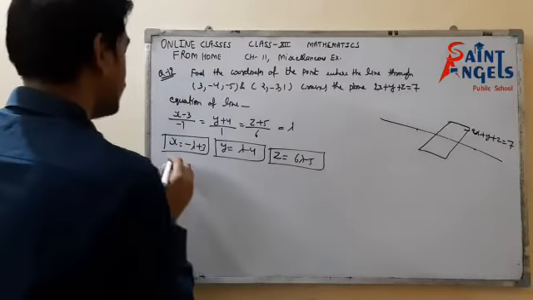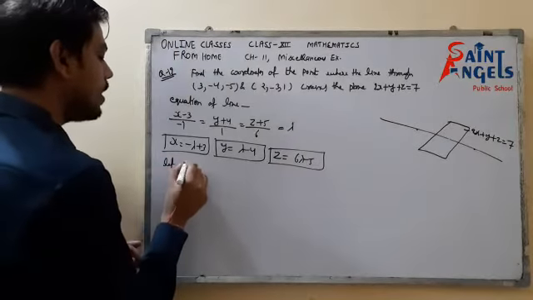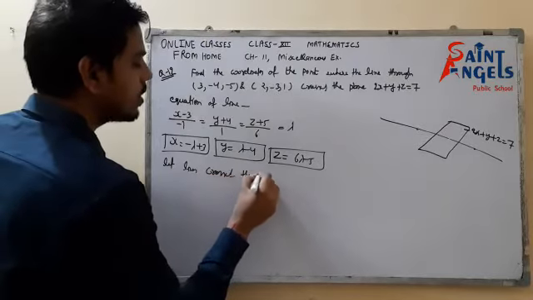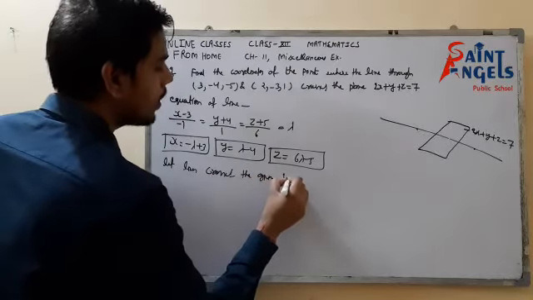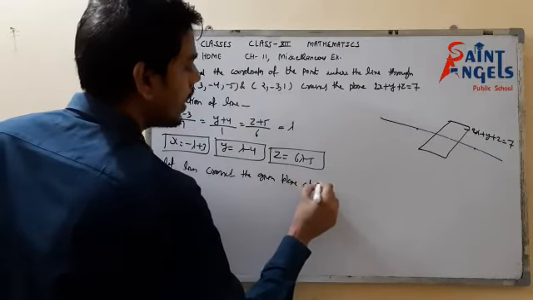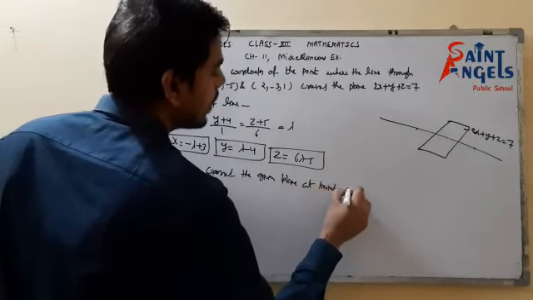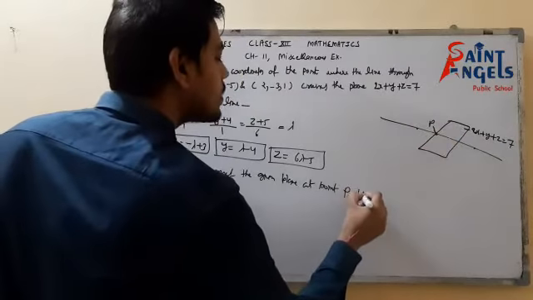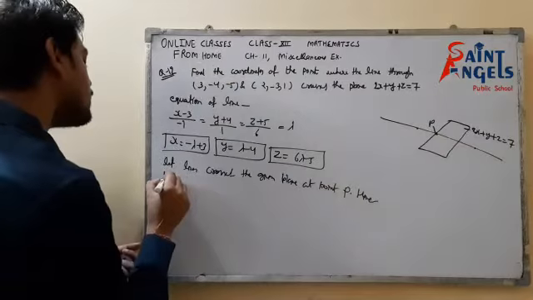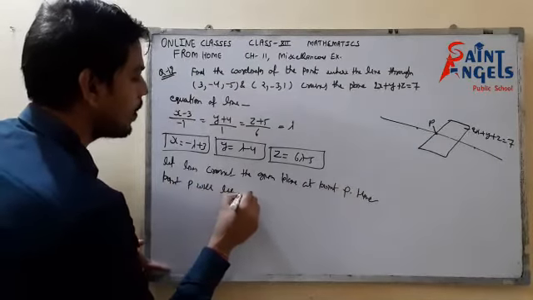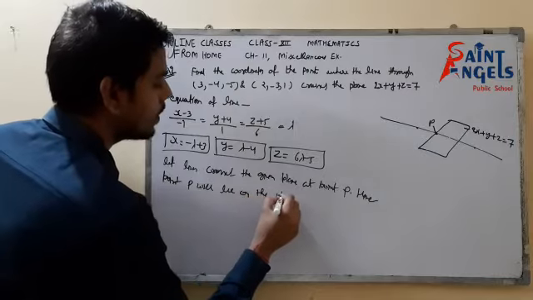Okay. So now we will say let the line cross the given plane at point P. Hence point P will lie on the plane.